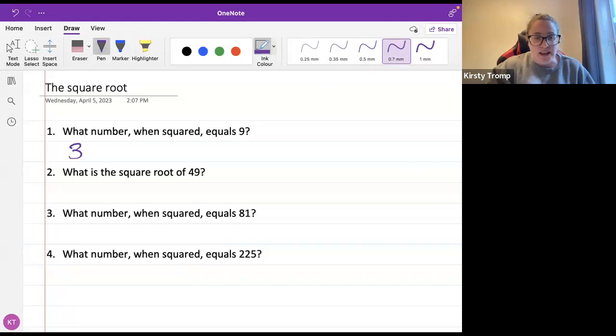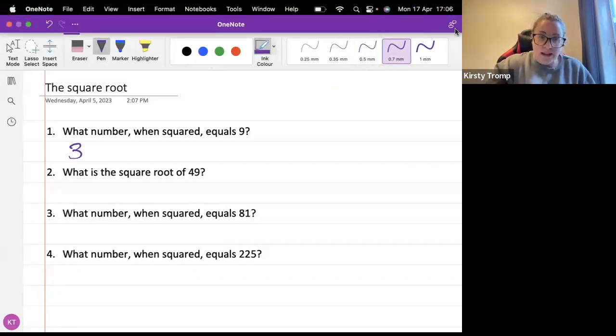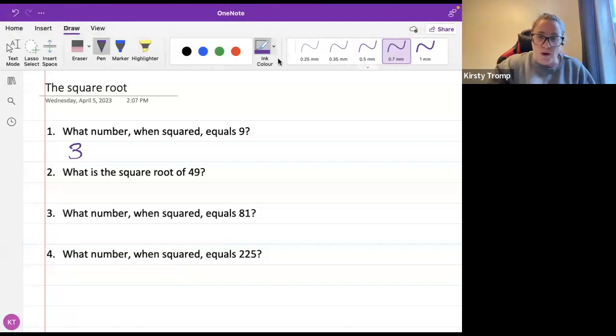It's the exact same thing. It's just a different way of saying it, everybody. So what number when squared, or what is the square root of 49? I'm seeing lots of people getting the right answer there. It is definitely 7. 7 times by 7 gives me 49.